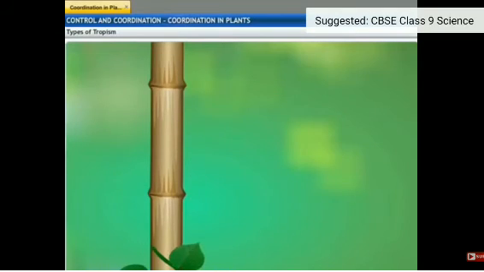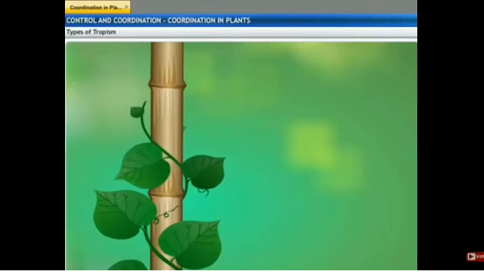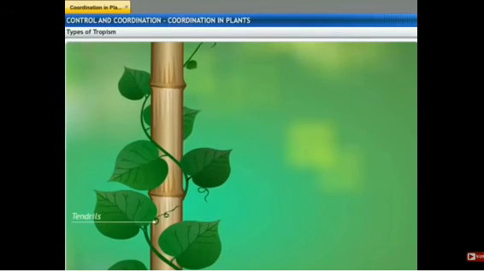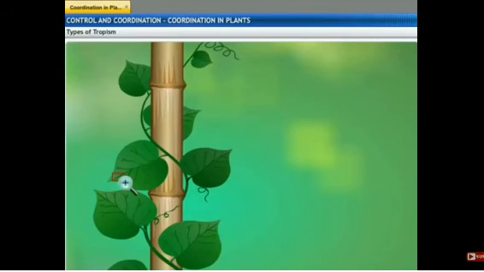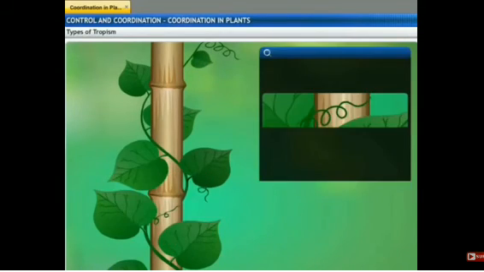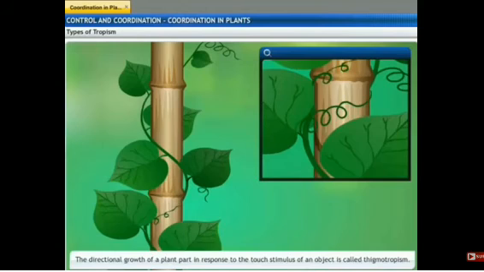The pea plant climbs up other plants or fences by means of tendrils, which are sensitive to touch. When the plant comes in contact with any support, it entwines itself around the object and clings to it. This is an example of thigmotropism.